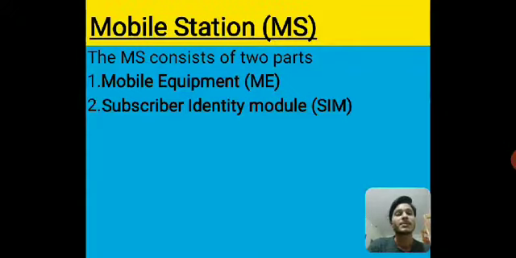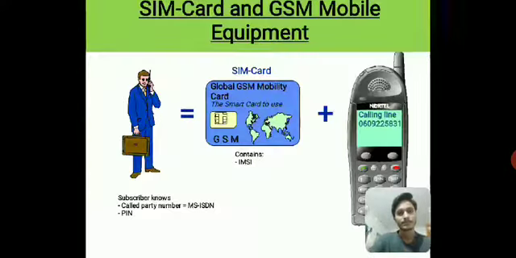Mobile station, MS. The MS consists of two parts: mobile equipment and subscriber identity module, meaning SIM. These are the mobile station MS: the SIM card and GSM mobile equipment. This is the communication of subscriber and mobile.